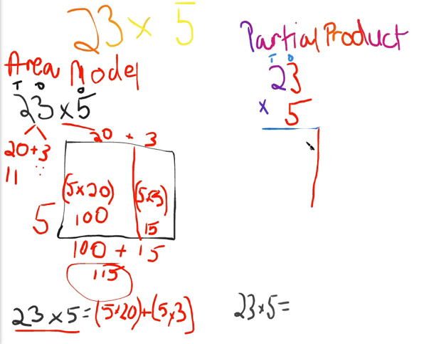This typically goes a little bit faster than area model. The difference is that the area model will count as a model on any state testing, and partial product is more of a process. So let's go ahead and put 5. We know that we're going to be multiplying by 5, and again I labeled my ones place and my tens place, and I'm going to use color coding here just to represent the ones and tens place.